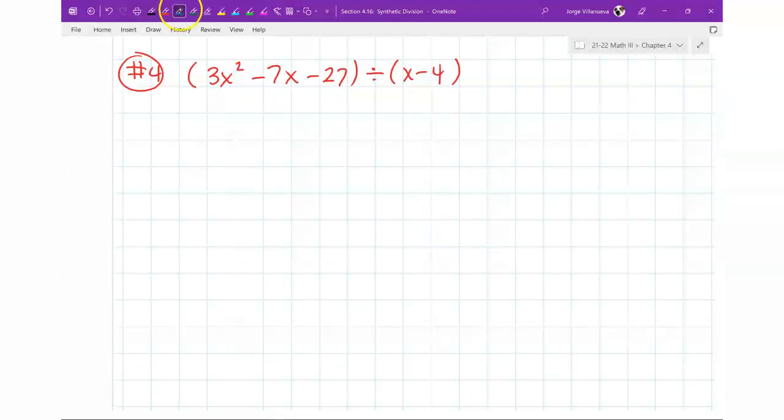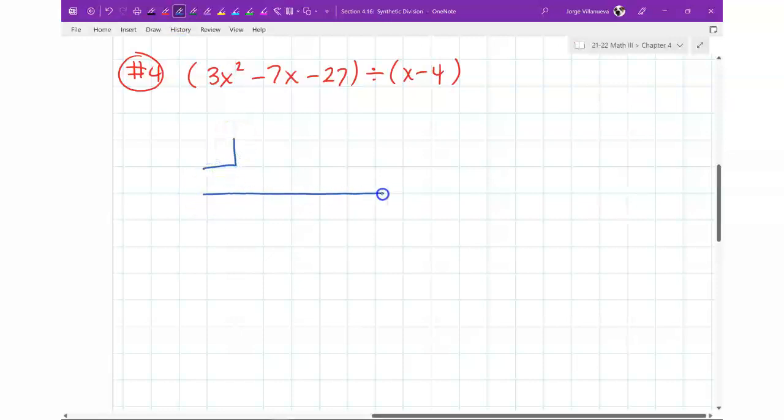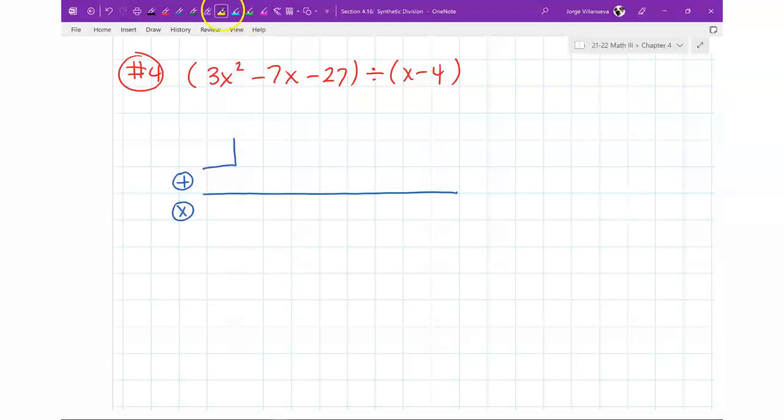Now, let's make that half box, that big line right here. I'm going to add here and multiply there. What number goes in the half box? A positive 4, right? Yeah, positive 4. This says minus 4.